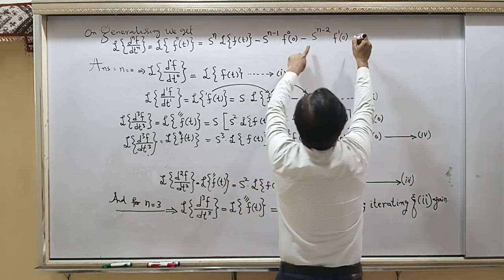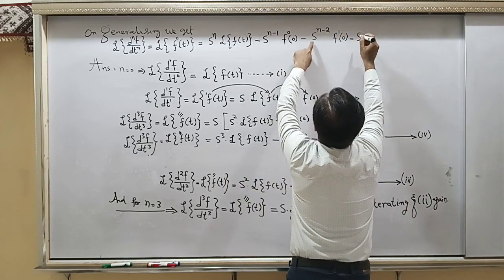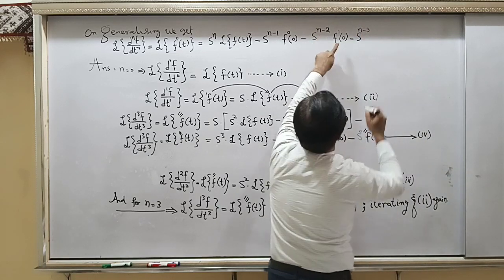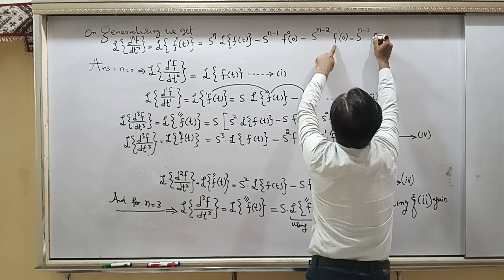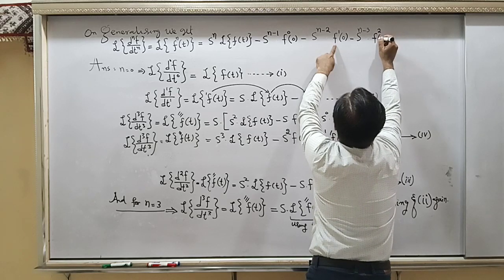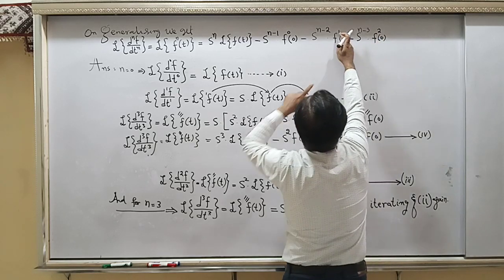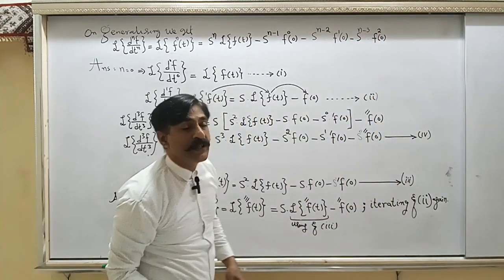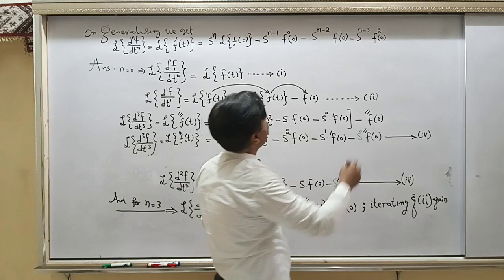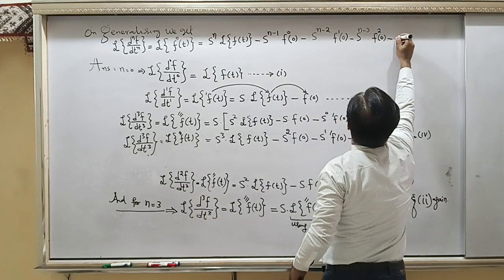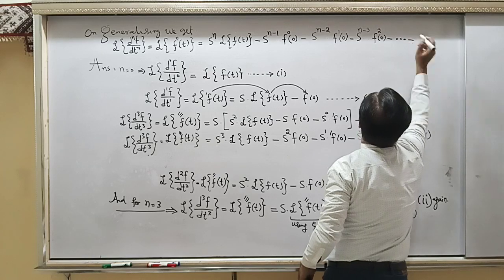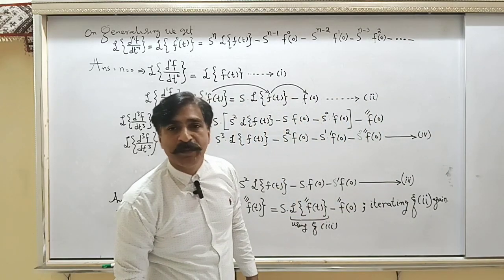Minus one more term: reduce the exponent of s by 1 and increase the order of f by 1. Instead of placing prime and double prime, I am putting 1 and 2 so that counting becomes easy. Okay, minus dot dot dot, and the last term also of course with a minus sign.